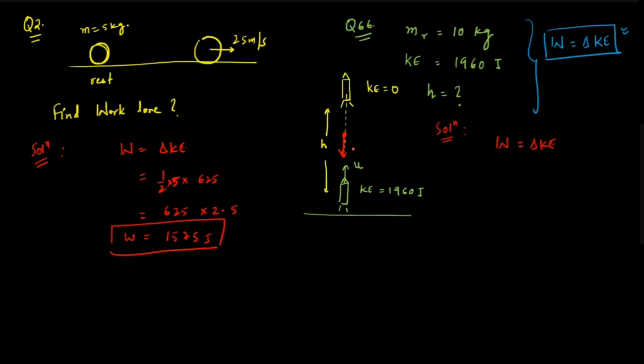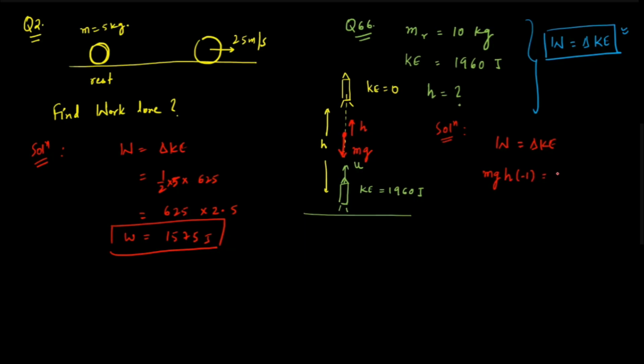During its motion, there must be some force, mg, which must have done some work. But the displacement was in the upward direction, right? So we can say that work done is nothing but mgh, and cos theta is going to be negative 1, as it is 180 degrees.